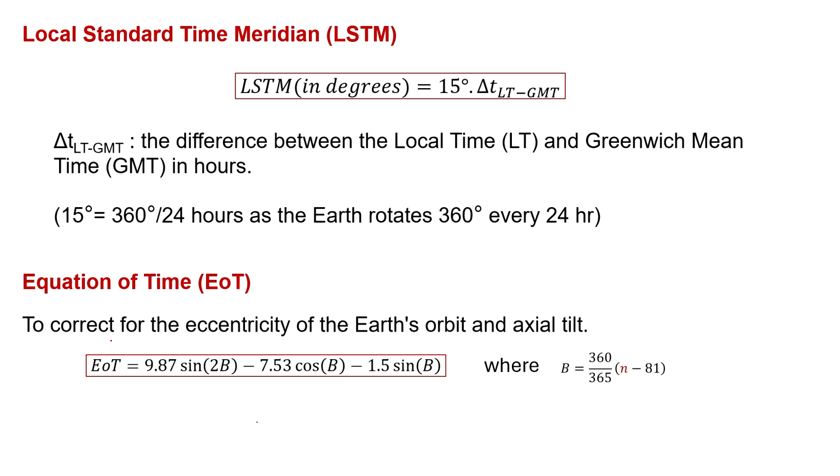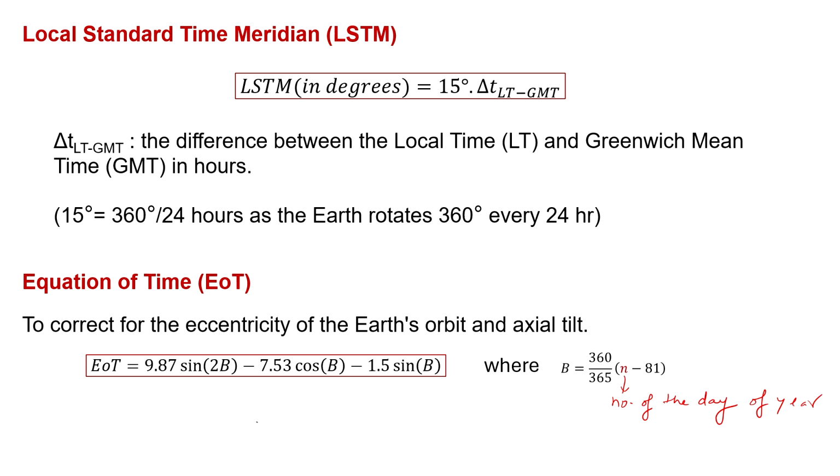The second important thing that we need to work out is the equation of time. This needs to be calculated to correct for the eccentricity of Earth's orbit and axial tilt, and it is given by this empirical equation: 9.87 sine of 2B minus 7.53 cosine of B minus 1.5 sine B, where B is 360 divided by 365 times (n minus 81), and n is the day of the year.